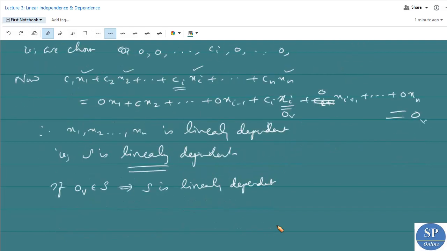Therefore, by contrapositive, S linearly independent implies 0_V does not belong to S. That means any linearly independent set of vectors does not contain 0_V. Therefore, any set of vectors containing the 0 vector is linearly dependent, or no linearly independent subset of a vector space V can contain 0. That is, if S is linearly independent, then it does not contain the 0 element.